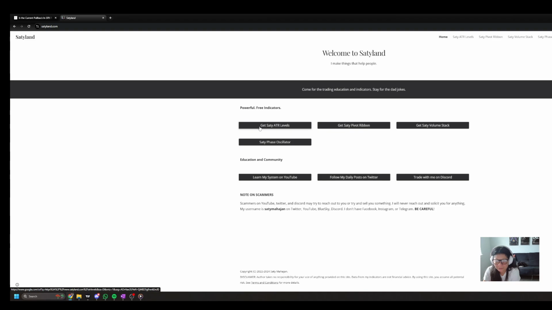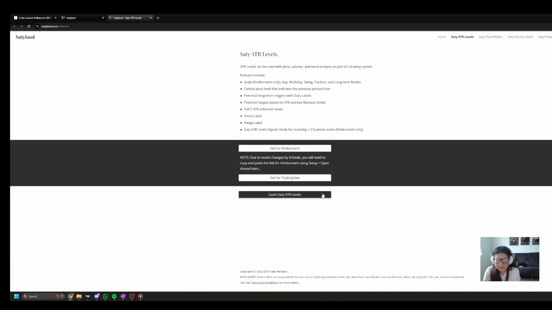So I have these four indicators: the ATR levels, pivot ribbon, volume stack, and phase oscillator. And basically, if you go to his website, satiland.com, you can find the links for Thinkorswim or TradingView, whatever you like to use.